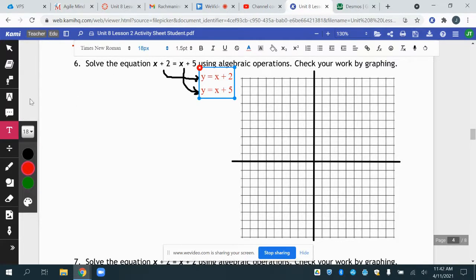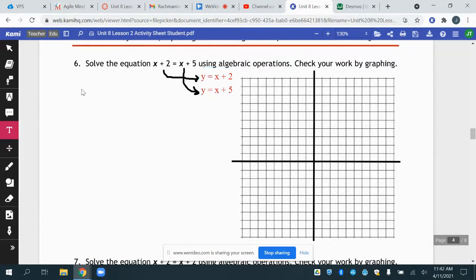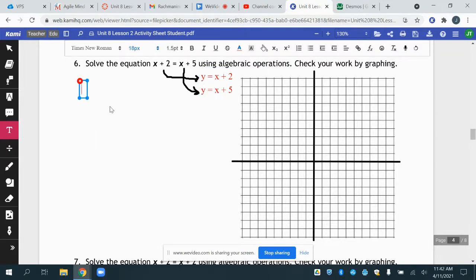So let's try to solve this using algebraic operations like we were, and then we'll graph it to see what's going on. So x plus 2 equals x plus 5. All right, I'm going to take away x from each side, because I can do that, right? Minus x. Okay.